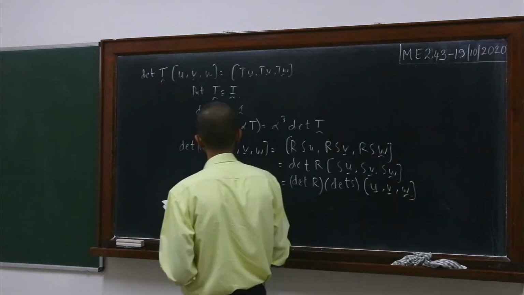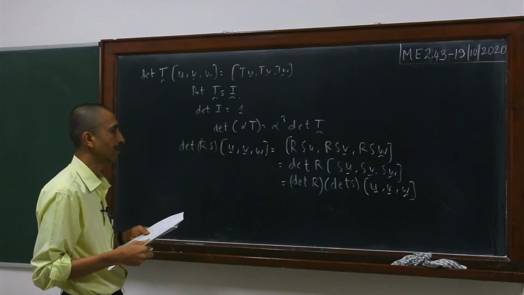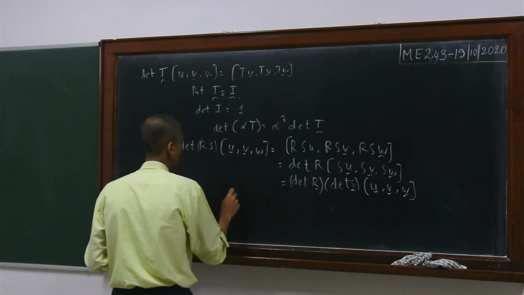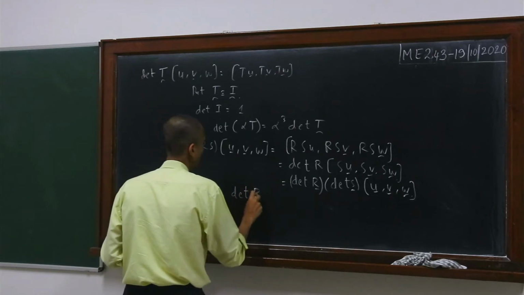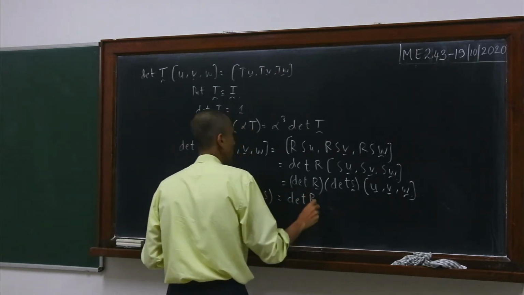Then again choose U, V, W to be linearly independent so that you can cancel the scalar triple product on both sides. Then what you will get is that the determinant of RS is equal to the determinant of R times the determinant of S.